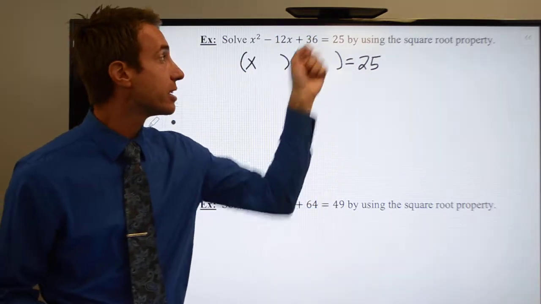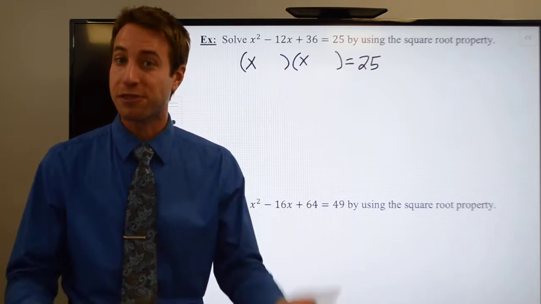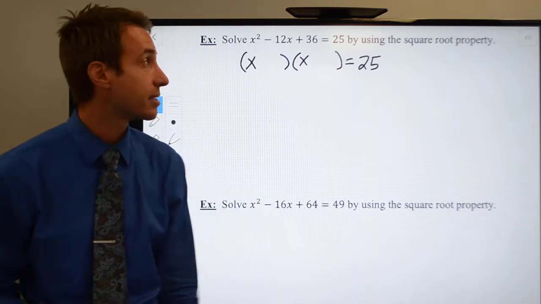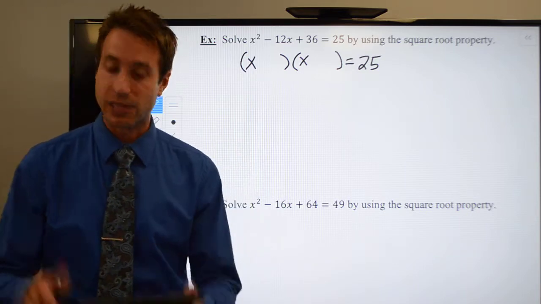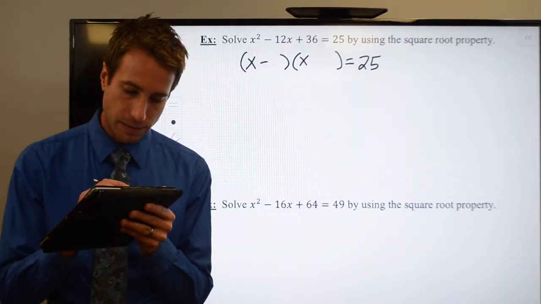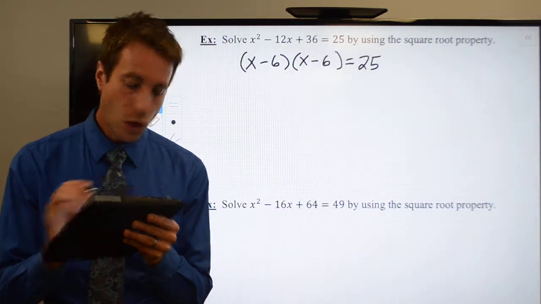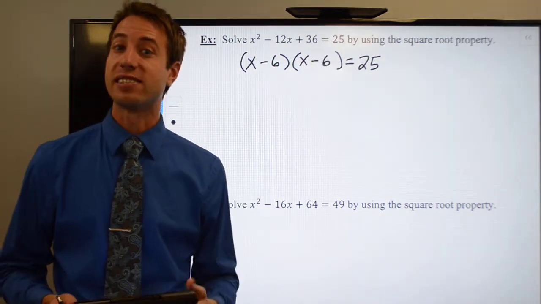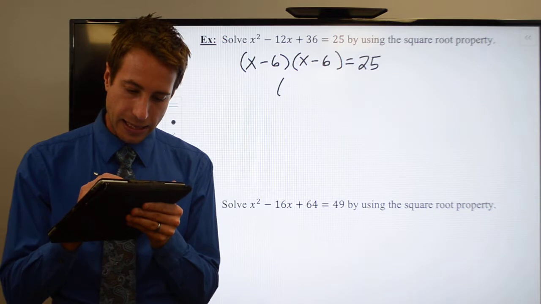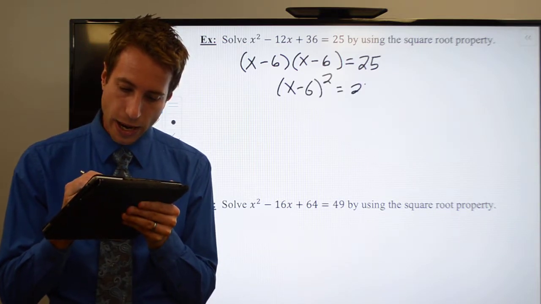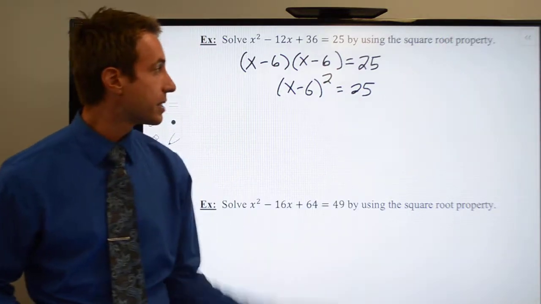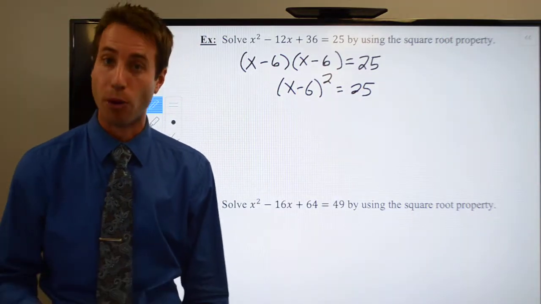And because 36 is a perfect square, they're going to have to be the same number, right? They got to be the same number. And in this case, it looks like it's going to be a -6 and a -6. Well, because those binomials are the same, I write them as x minus 6 squared. And that's where the square root property comes in. I'll take the square root of both sides.